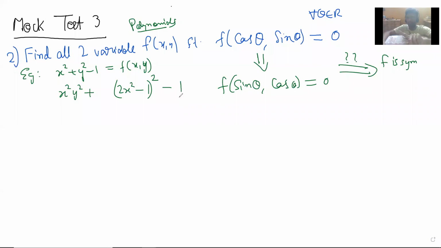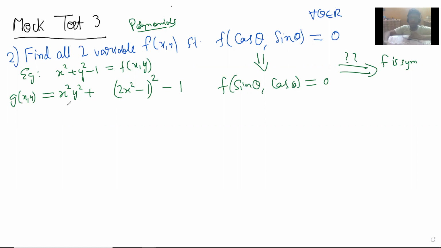Now here is the thing that you guys try. Can this be written in terms of x square plus y square minus 1? Can this, which looks like a new polynomial, be written in terms of f? Give this a thought. I'm asking you guys to just try to factorize this.